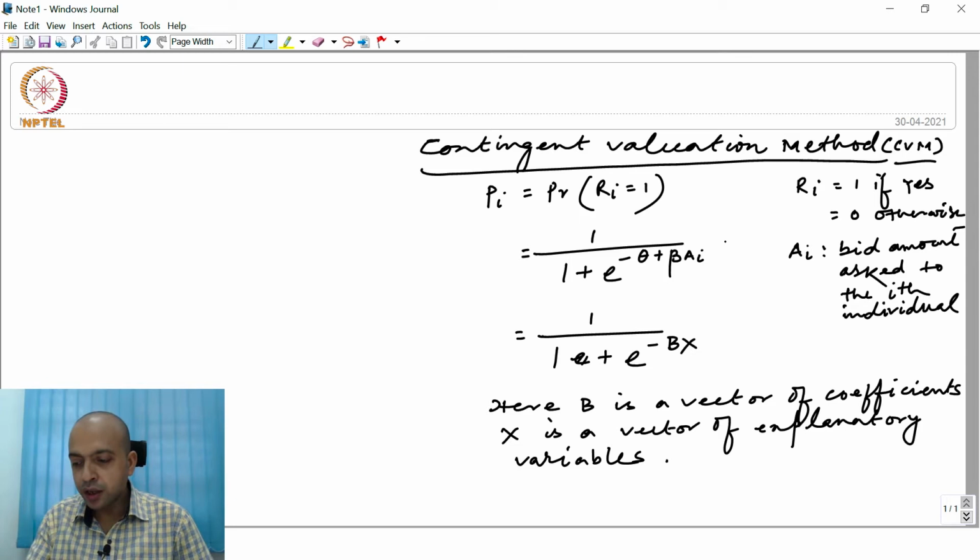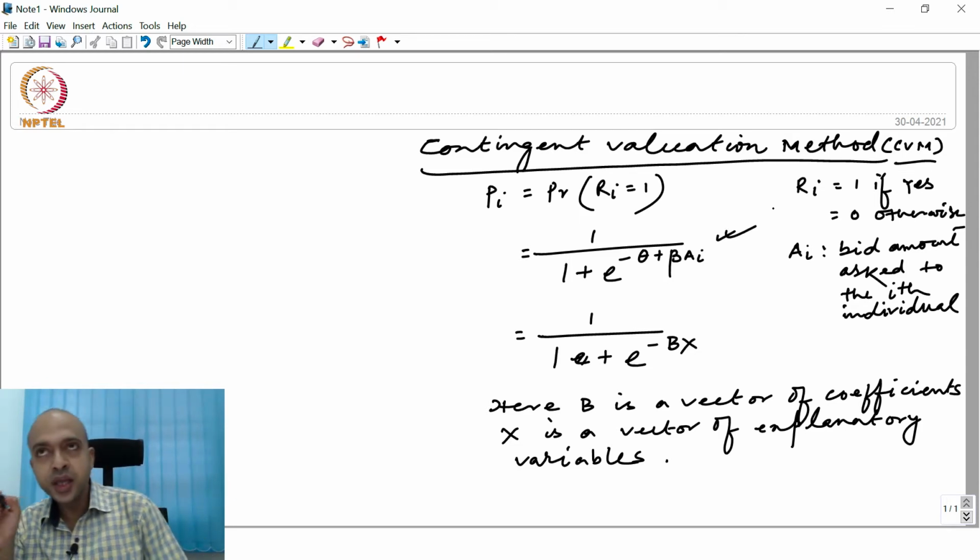That means in the theoretical model we discussed, we considered only one explanatory variable, that is the price, the bid amount. While estimating willingness to pay, we have used only one explanatory variable in the regression model, that is the bid amount. Whether the individual will say yes or no for a specific bid purely depends on the amount, right?